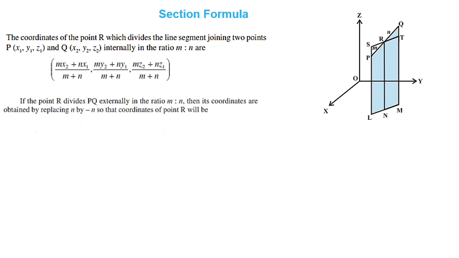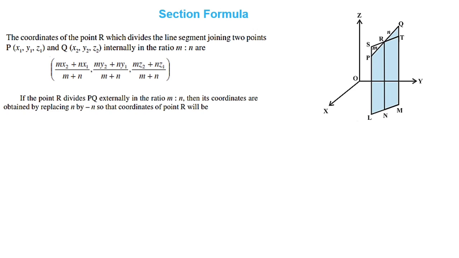In case of external division, the point R will be somewhere outside of the line PQ. If the point R divides PQ externally in the ratio m:n, then its coordinates are obtained by replacing n by minus n. Here you can see plus is there, here also plus is there, so that plus n is replaced with a minus n.